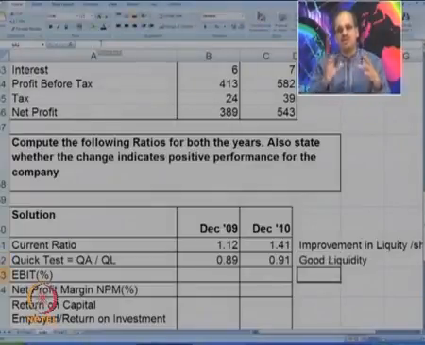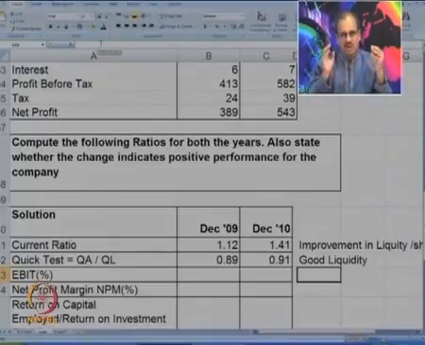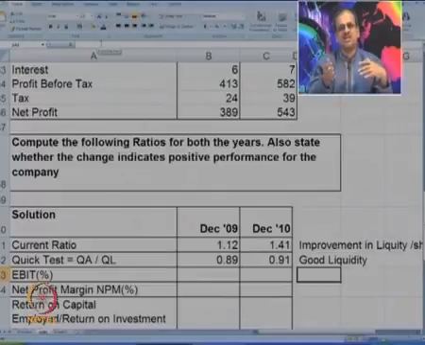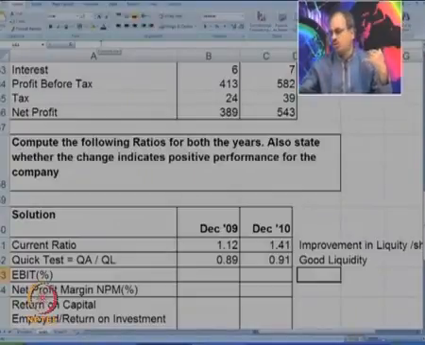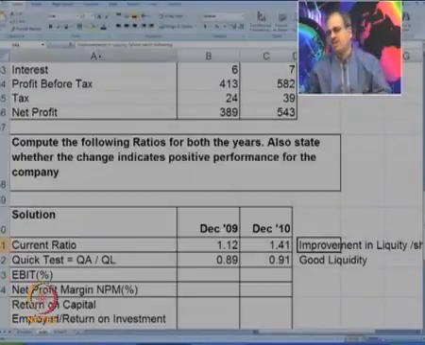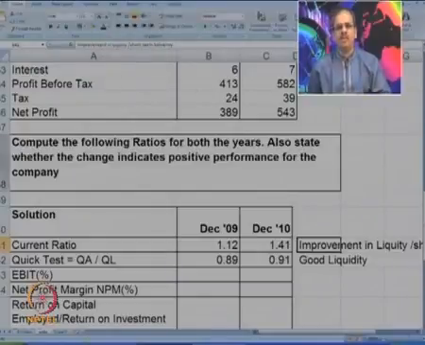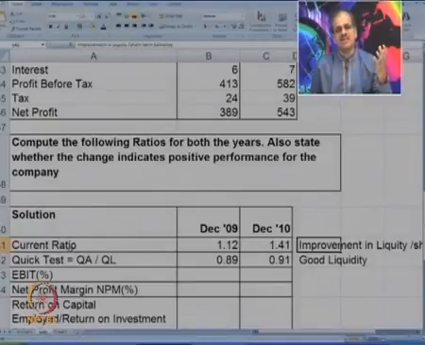Actually many times they are used interchangeably, but quick test focuses more on liquid assets, whereas current ratio looks at a period of say 6 months to 1 year position. So it could be known as short term solvency or liquidity. So, first two measures we are looking at the liquidity position of the concern.